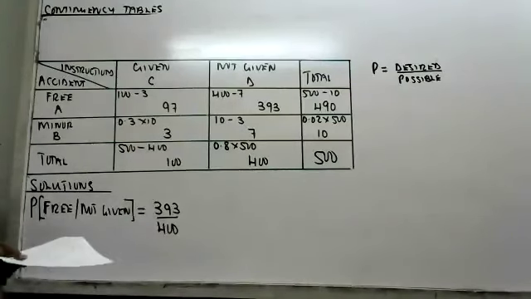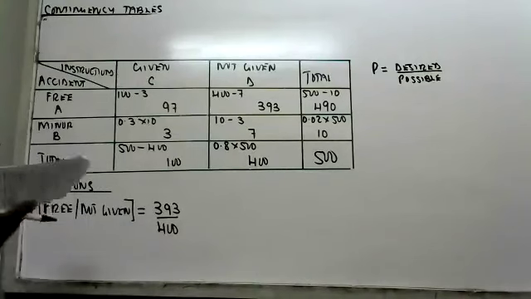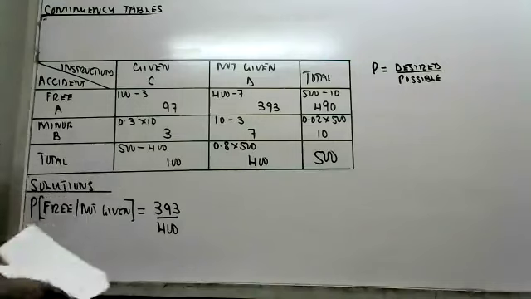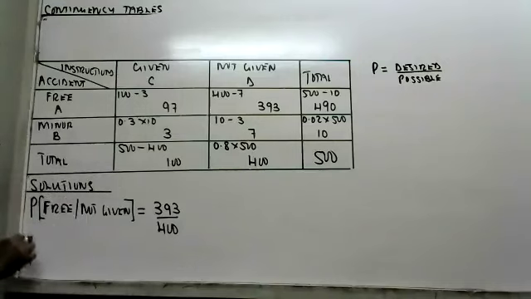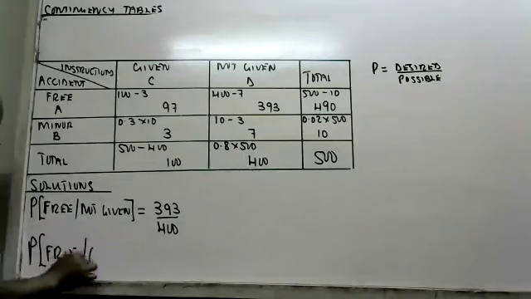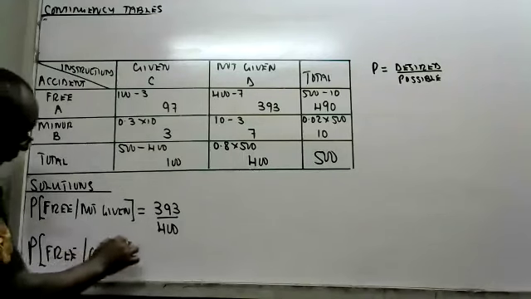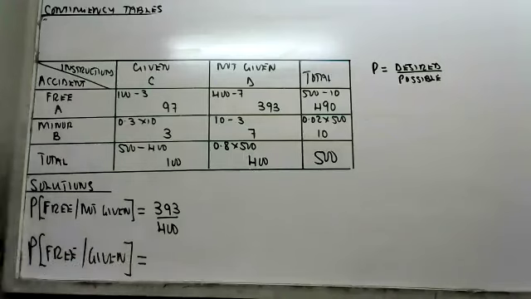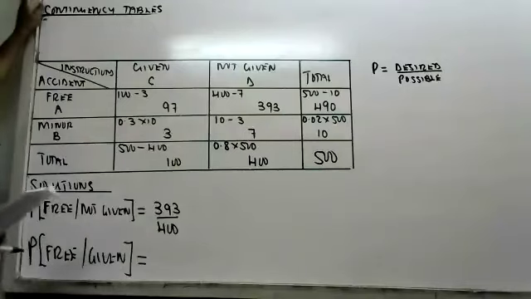The next one is the probability that he had the instructions. So probability that he was accident-free, given that he was given. Give me the answer to that. Someone was free, given that he was given instructions.